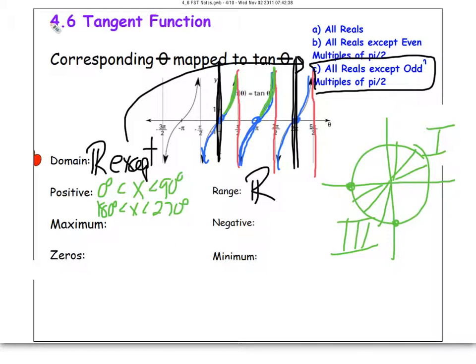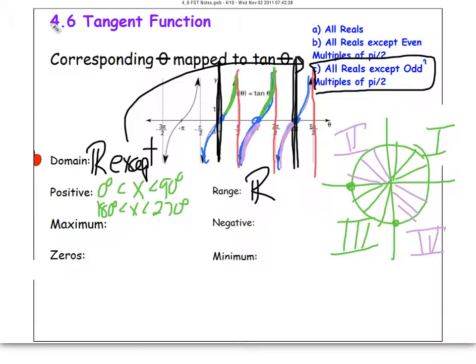Now where is it negative? We see that this function is negative from 0 to 2 pi right here and right here. Well, the tangents are negative here in quadrants 2 and 4.